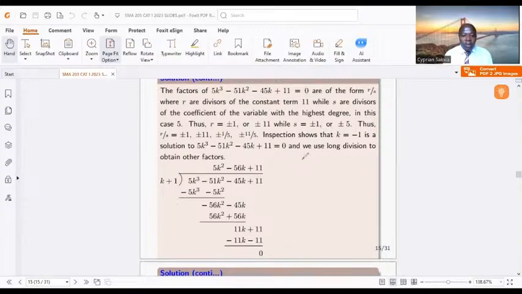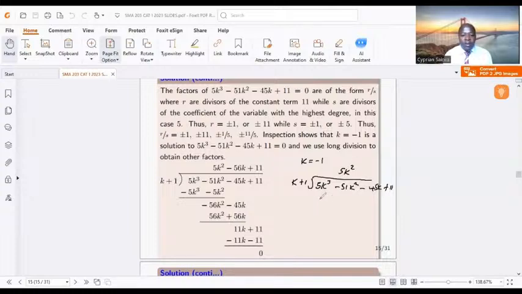Now we found that k = -1 is a root. So we just take this -1 to the other side: k + 1. And divide this into 5k cubed minus 51k squared minus 45k plus 11. And ask ourselves, how many times does k go into 5k cubed? We get 5k squared.